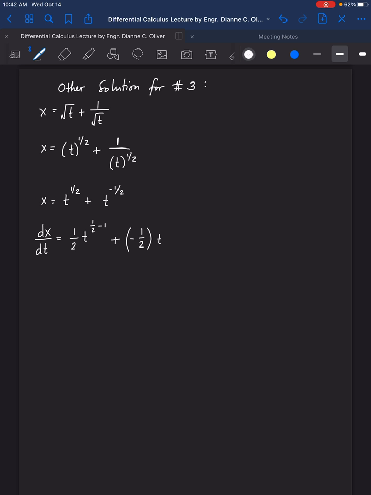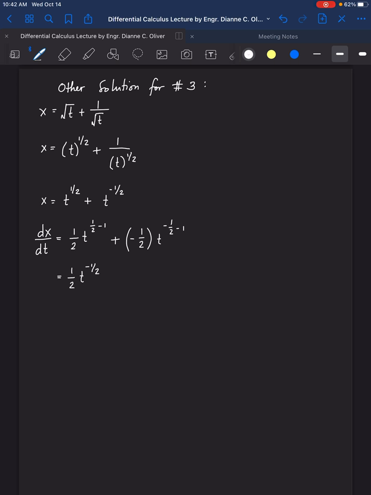Then t raised to negative 1/2 minus 1. Then we have here 1/2. What is 1/2 minus 1? That is 1/2 minus 2 over 2, right? So the answer here is negative 1/2.